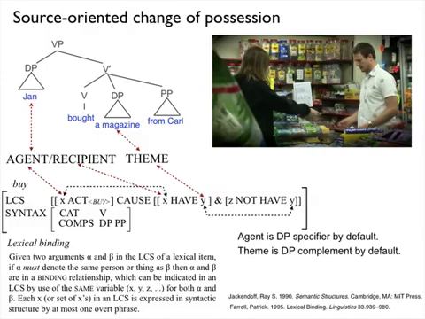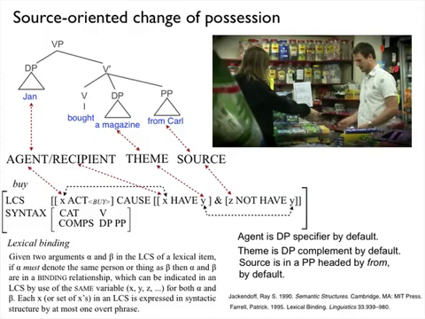The agent is involved in the change of possession, and there's a binding with the theme and so forth. So there's a source role, there's an agent recipient role, and the thing that is the theme has two different instantiations, right? It's both coming to be had by the agent and coming to not be had by the source, right? So it's sort of a complex scenario.